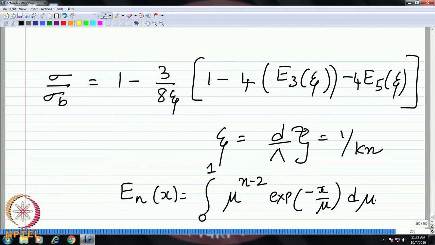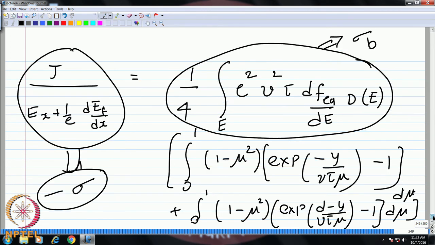So, all I am doing is writing this product of v tau into mean free path, and then I evaluate these integrals.